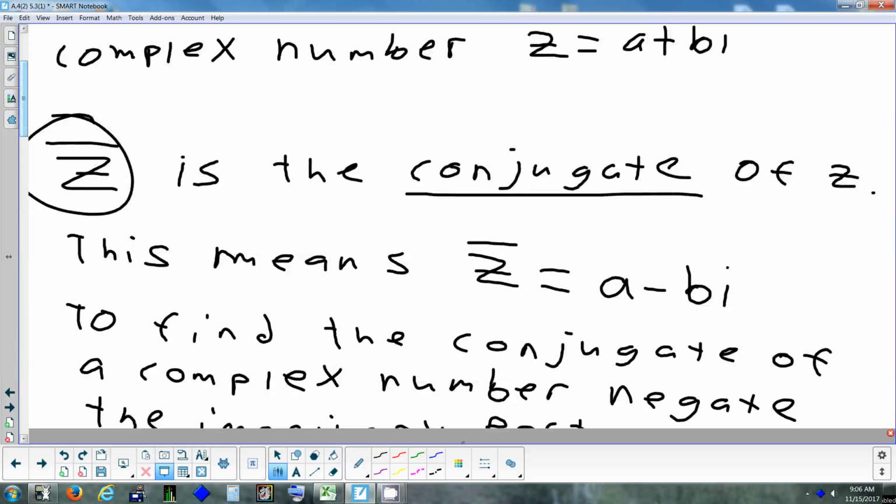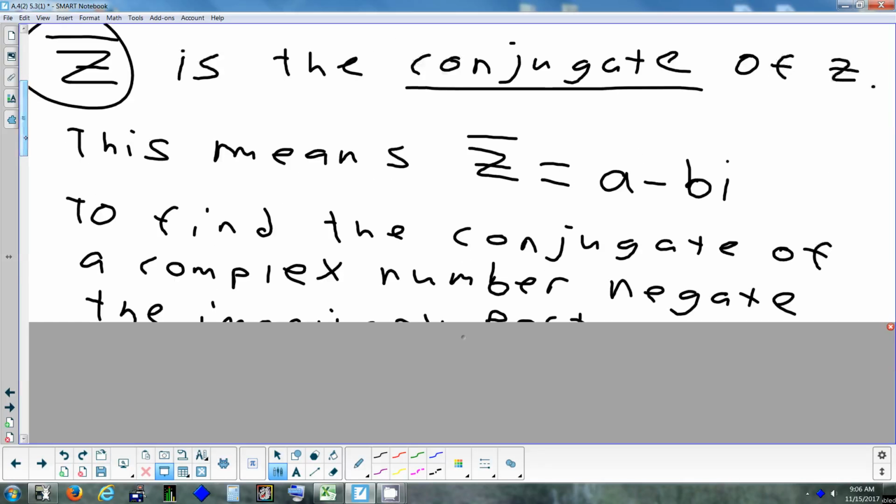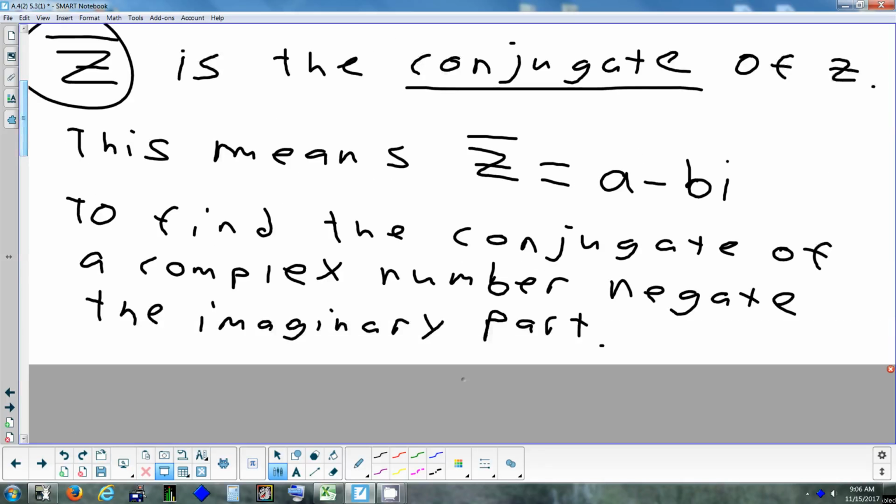If it was already minus to begin with, when you change the sign of it, it would become positive. So all you have to do to find the conjugate of a complex number is change the sign of the imaginary part. That's what negate means. Just a shorter way of saying change the sign of. You don't do anything to the real part. You leave that alone.